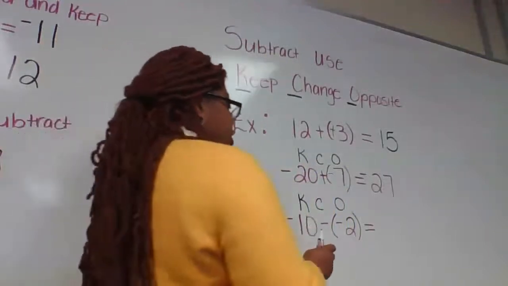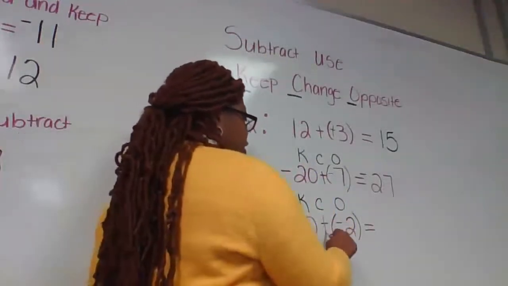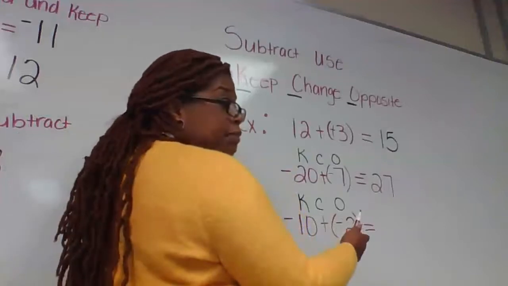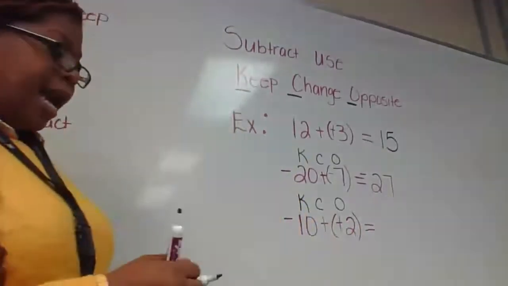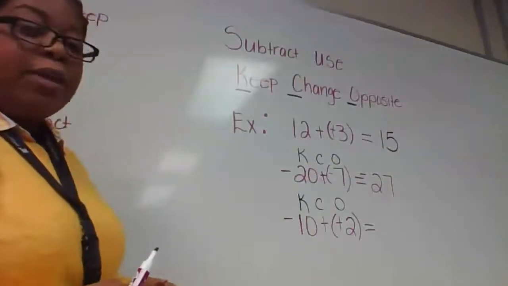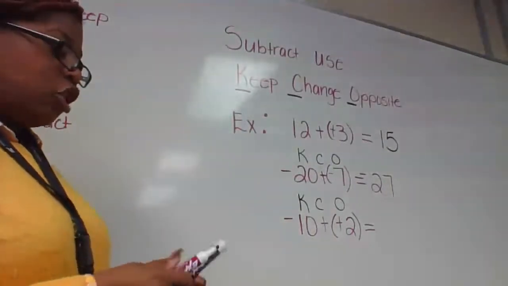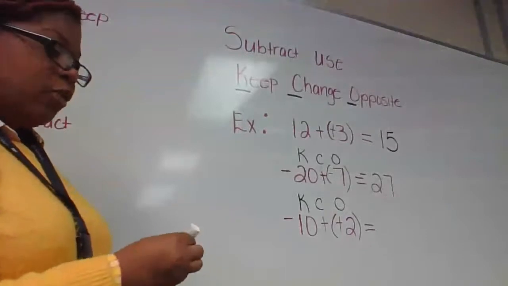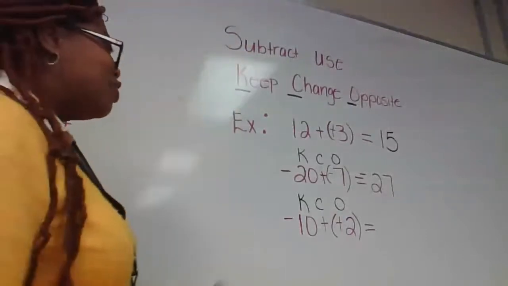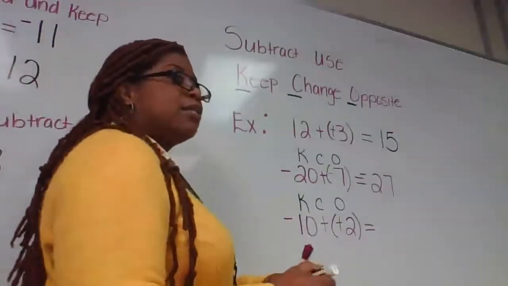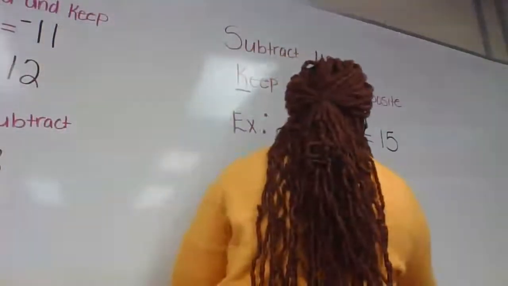We are going to change subtraction to addition. And the opposite of -2 is +2. So now we have an addition problem where the signs are different. And so we have different signs. What do we do? Subtract. Good. So 10 minus 2 is absolutely 8.